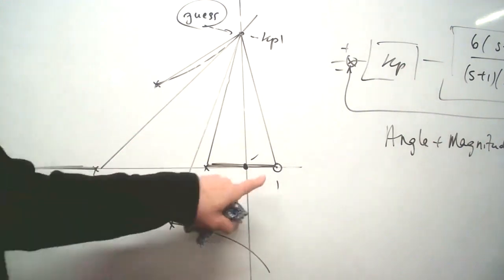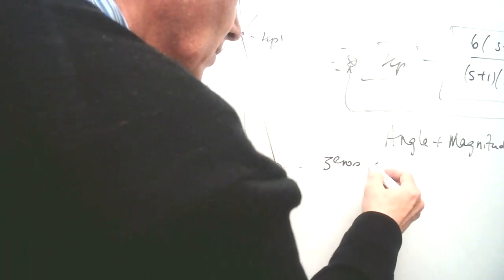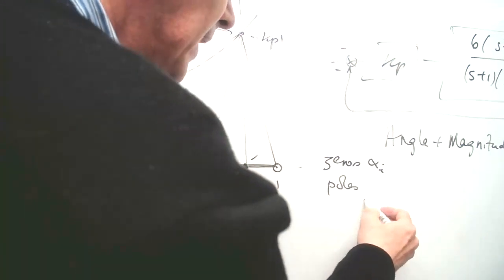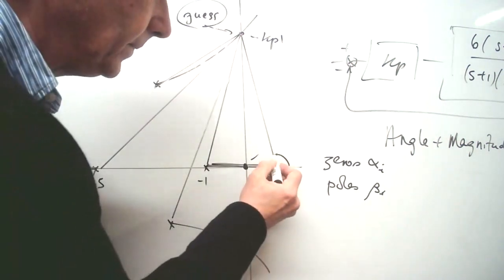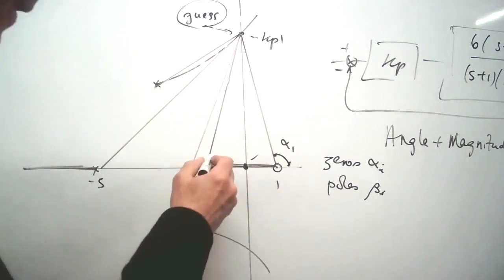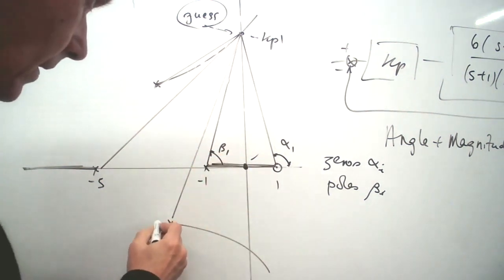So now, for the angles, the zeros we label as alpha i, and the poles as beta i. So this is an angle here, which you can measure. It's a zero, so that's alpha 1. Then this one could be beta 1.